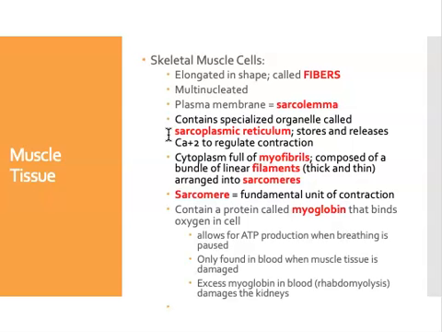So inside each muscle fiber, there are many myofibrils, and each myofibril contains many individual thick and thin filaments arranged into sarcomeres. The sarcomere, in fact, is the fundamental unit of contraction inside of a muscle fiber. There are many, many sarcomeres inside each muscle fiber, and each individual sarcomere is going to do the job of contracting and relaxing.